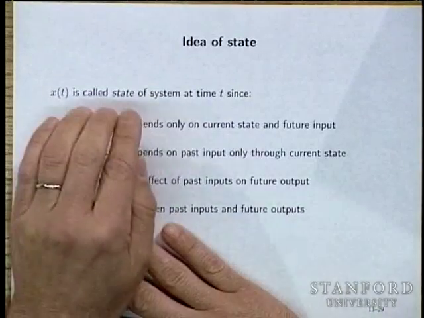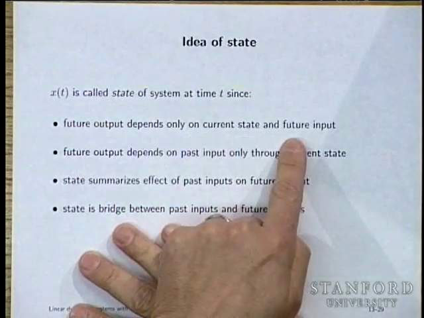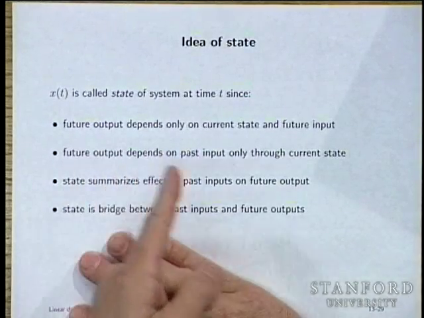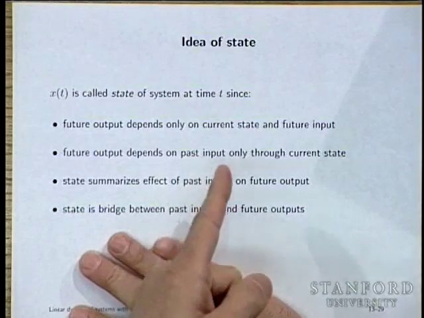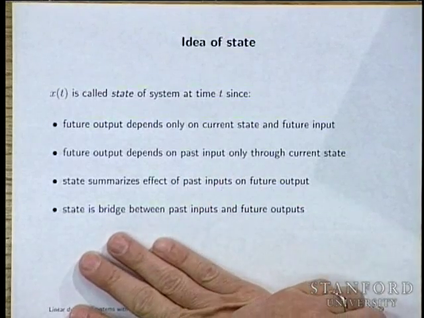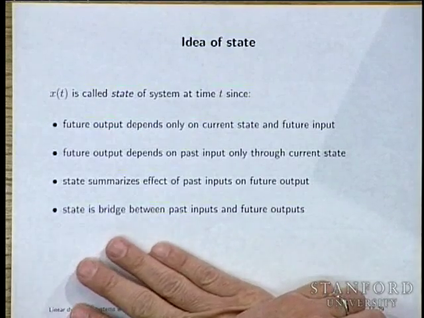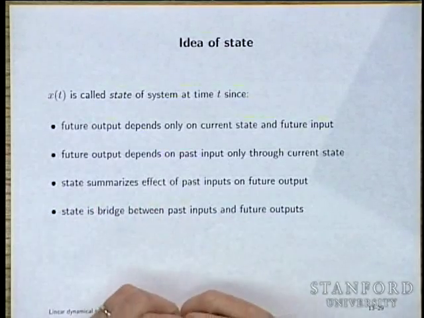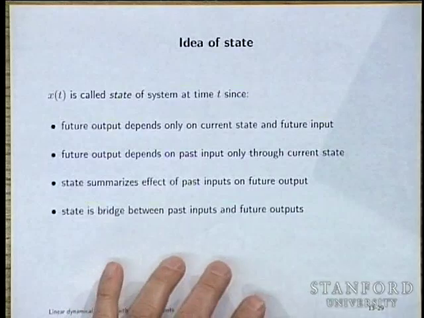There's lots of ways to think about it. You'd say something like this: the future output depends only on the current state and future input. Or you could say the future output depends on the past input only through the current state. Or you could say the state summarizes the effect of the past inputs on future outputs. These are all ways to say the same concept.